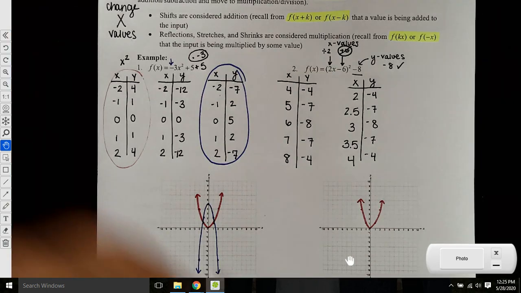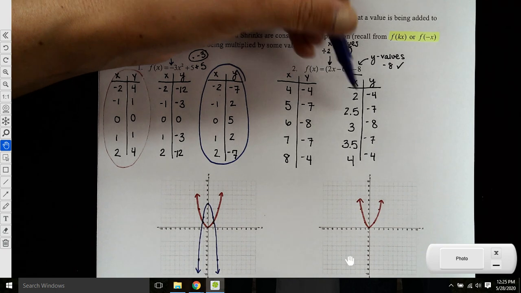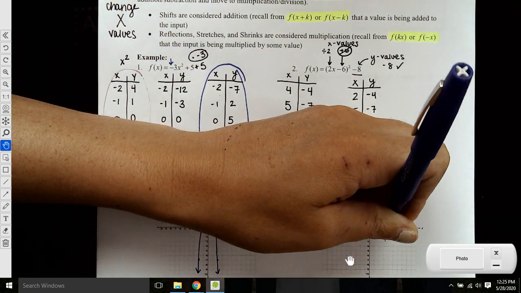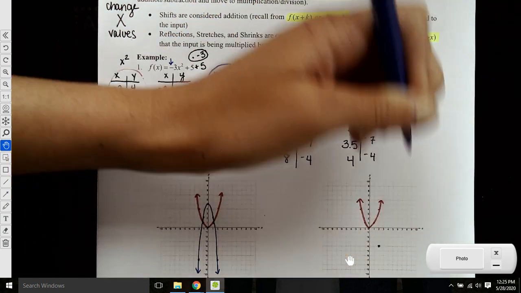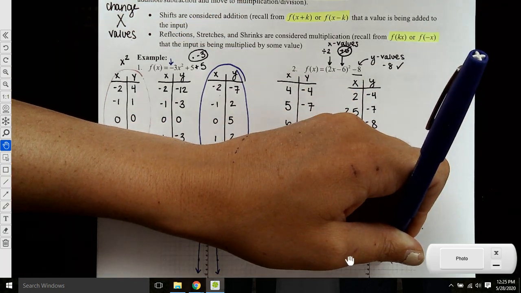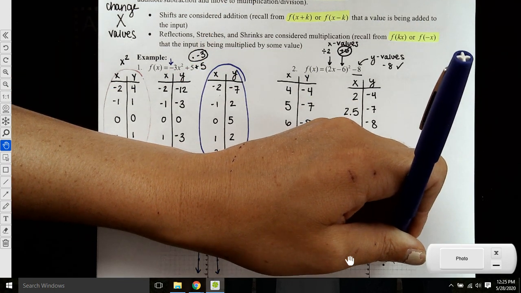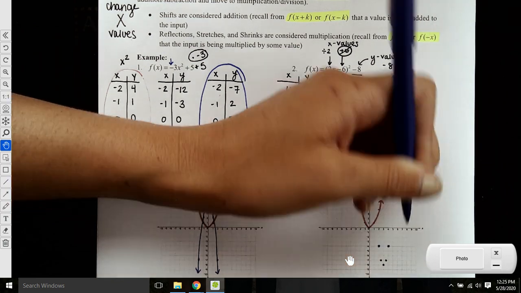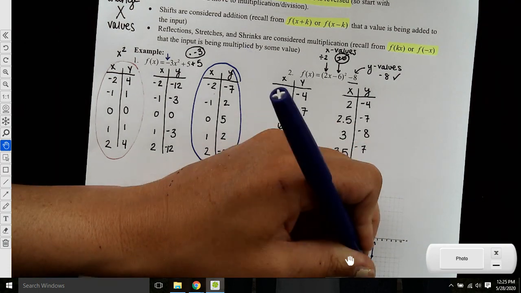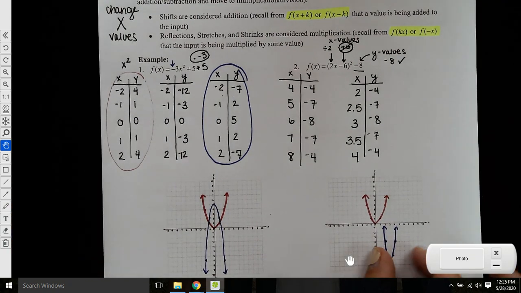So let's see what happens. 2, -4. 2.5, -7. 3, -8. 3.5, -7. And 4, -4. So if I combine these, make my nice line, notice it is shrunk.